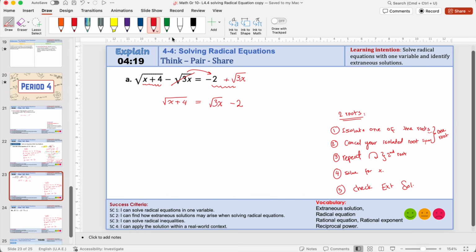And now what do we do? We need to square both sides. Again, when you square two terms, these are two terms, not one term. When you square two terms, whether they're addition or subtraction, in this case subtraction, you need to use the property, which is: square the first one, minus 2 times first times second, plus second one squared.